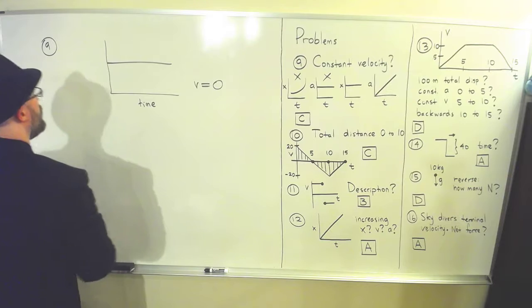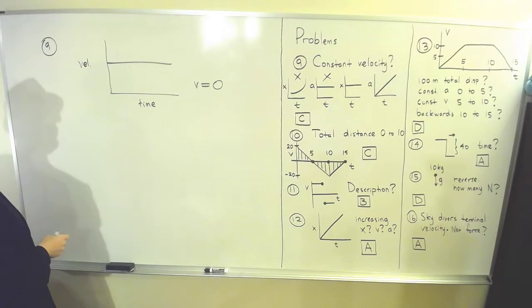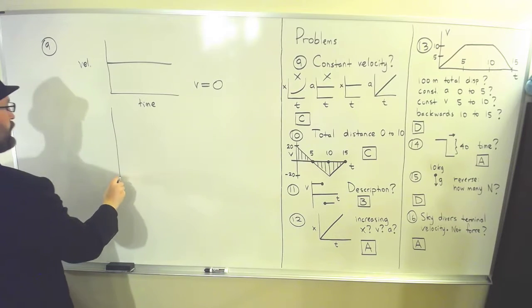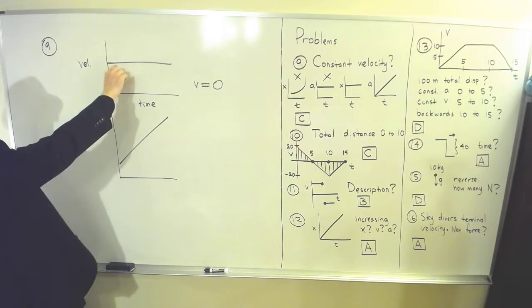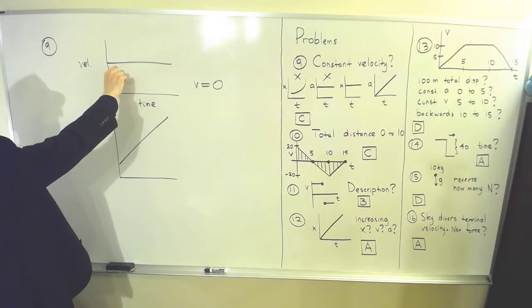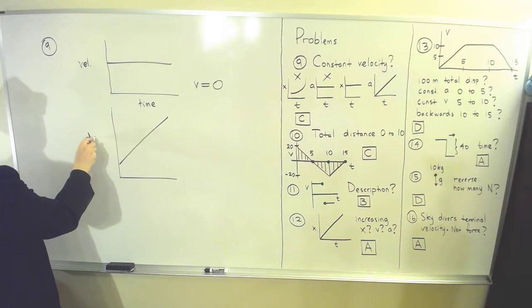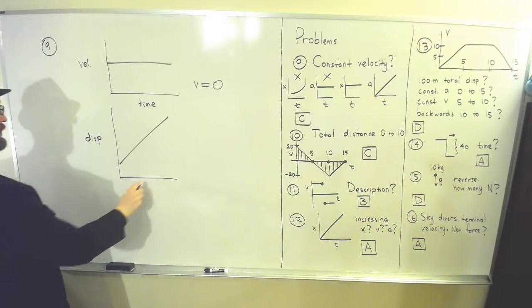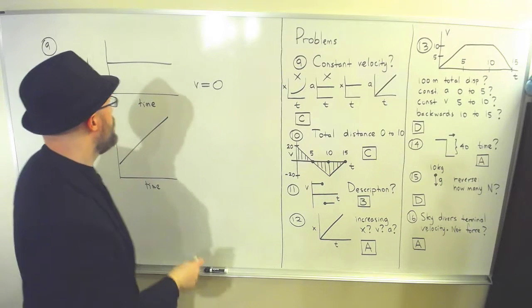See, this would still be constant velocity if I drew, say this was velocity here, well, that would be a constant velocity. But the position would look like something like this, because it would be a constant positive velocity, which would be an increasing position. So this would be displacement, position, displacement or position. I'm using those words interchangeably.